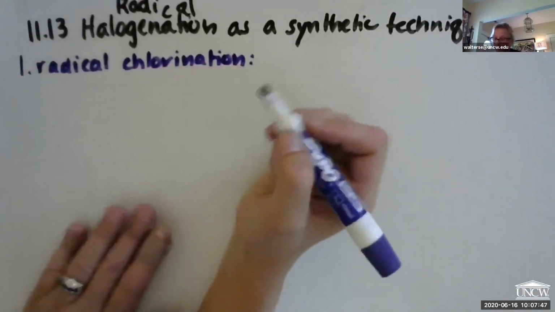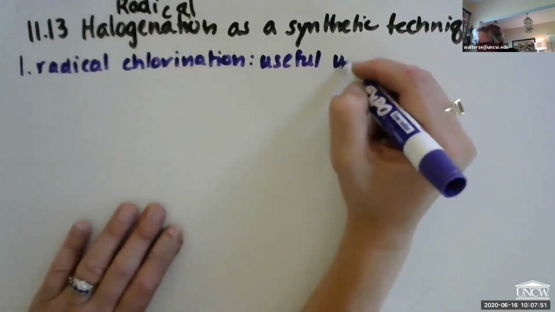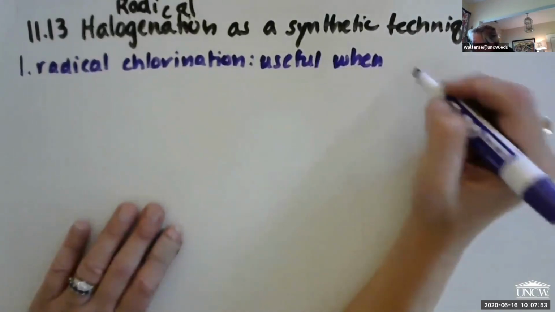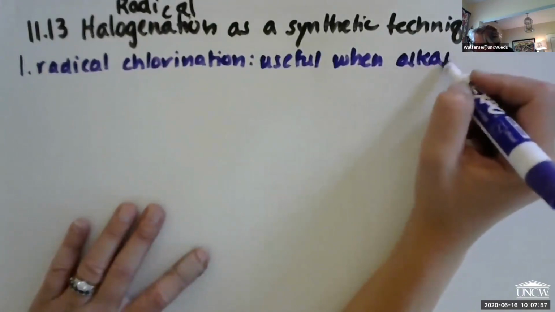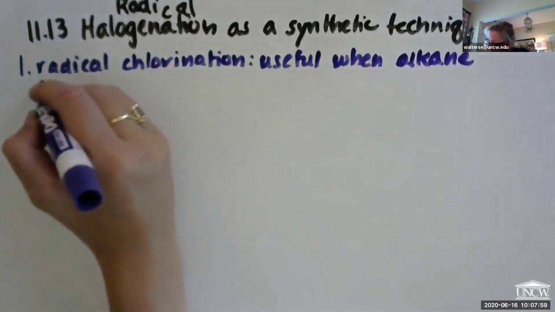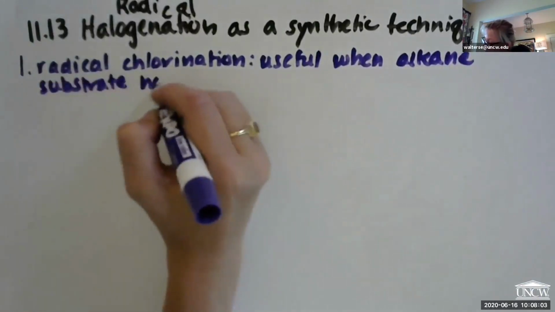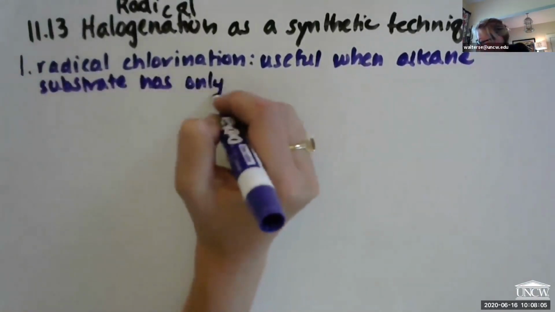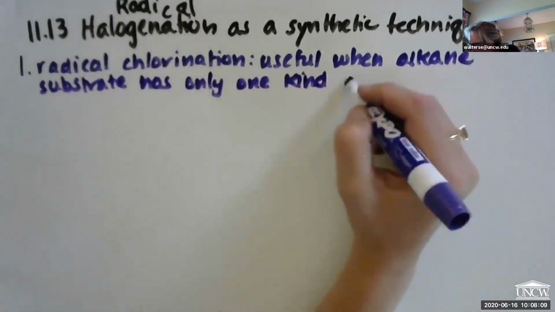And radical chlorination is useful when your alkane substrate has only one kind of hydrogen.